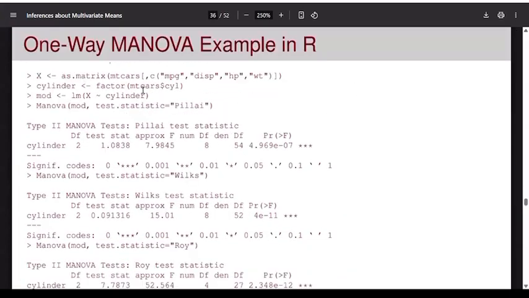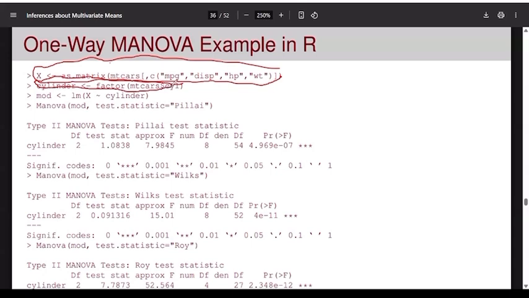Can you pay attention to this in the code? Can you see what my X represents? The multiple dependent variables. My X represents multiple dependent variables. And you can see the cylinder. Cylinder is the categorical factor.